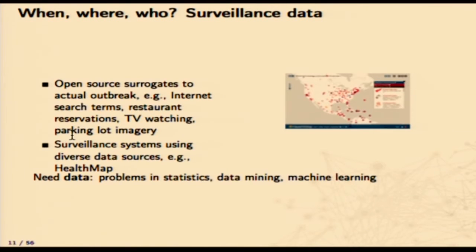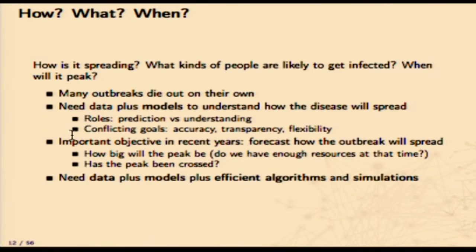Okay, so for this set of questions, basically it boils down to you need to get data on incidence. And this leads to nice problems in statistics, data mining and machine learning. The next set of questions is about how it is spreading and what kind of people are getting infected, and then deeper questions like when is it going to peak.